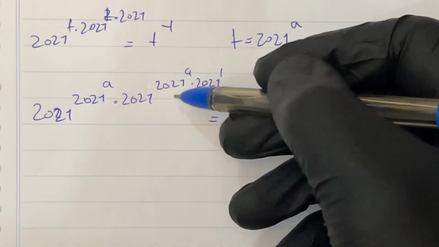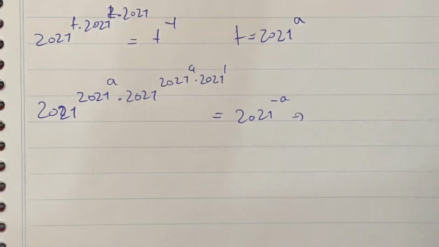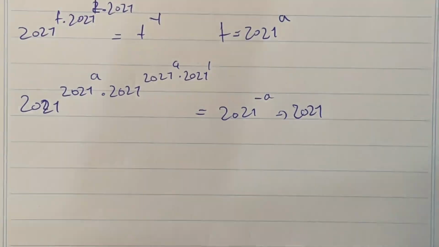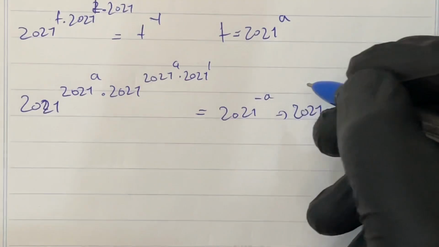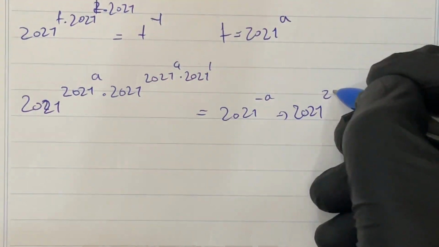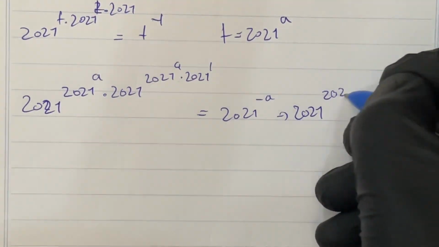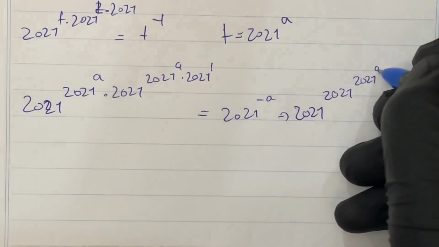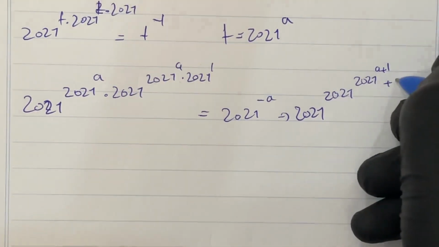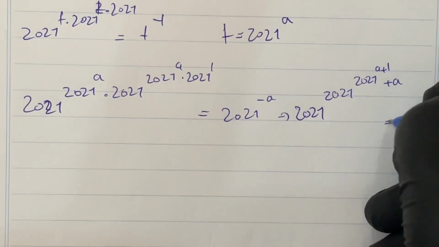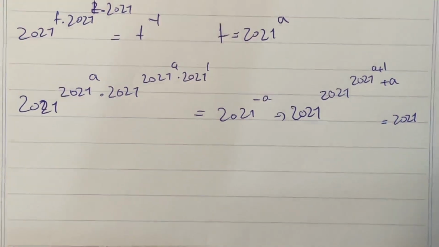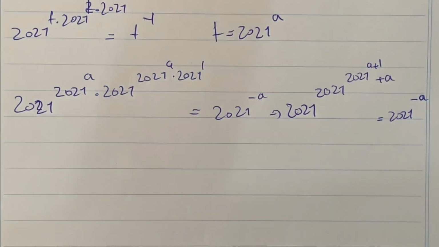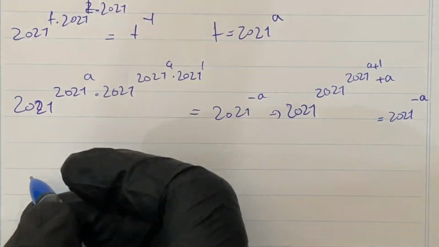The whole equation would be 2021 to the power of 2021 to the power of a plus 1, plus a, is equal to 2021 to the power of -a. So that is our final equation, which we are going to solve.